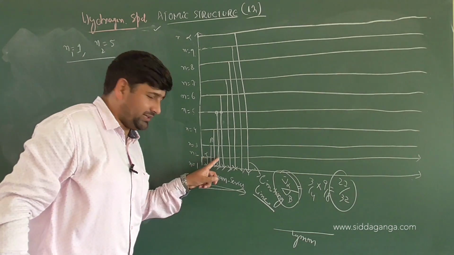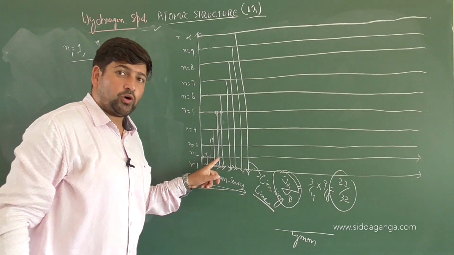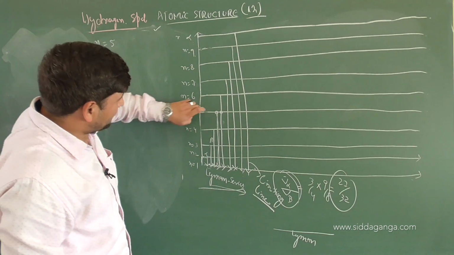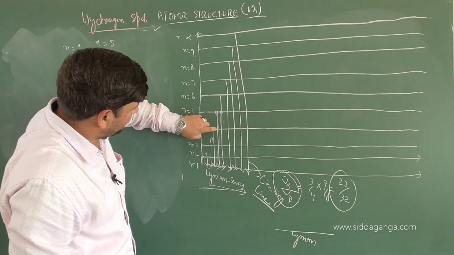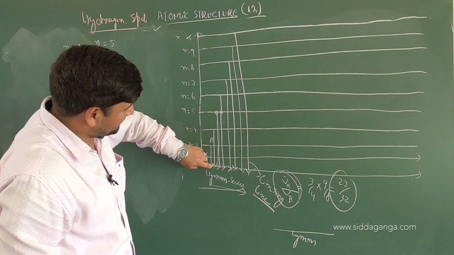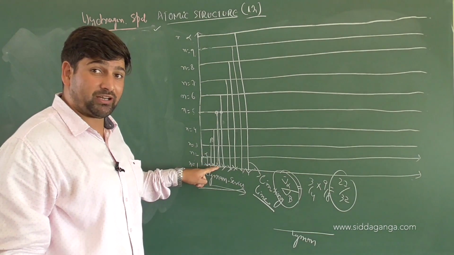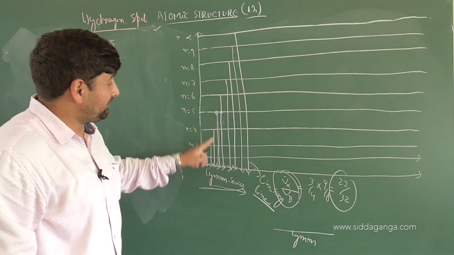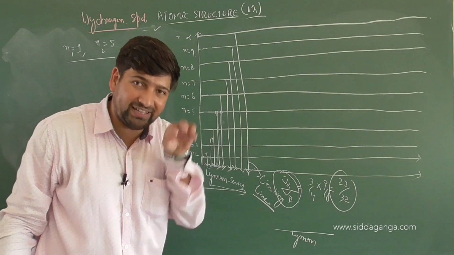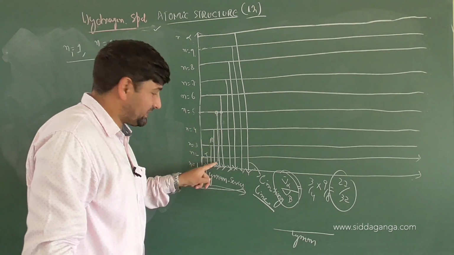This one line may further be made up of other small lines. That means when emission occurs, the electron can come from 5 to 4, 4 to 3, 3 to 2, 2 to 1. So this one line will be happening in how many jumps? It will happen in 3 jumps. That means this one line that is observed by you is further finely composed of many other small jumps.